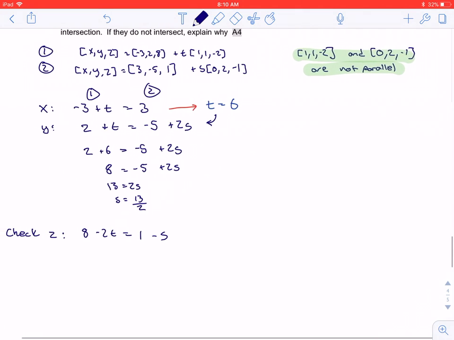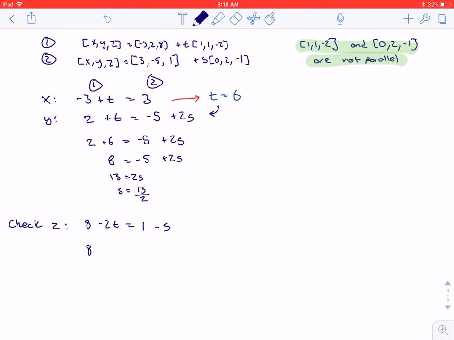Okay, and so if I sub these in, I'm going to get 8 minus 2 times 6 is equal to 1 minus 13 over 2. And so what I'm going to find is that this is going to be negative 4, and this is going to be negative 11 over 2.